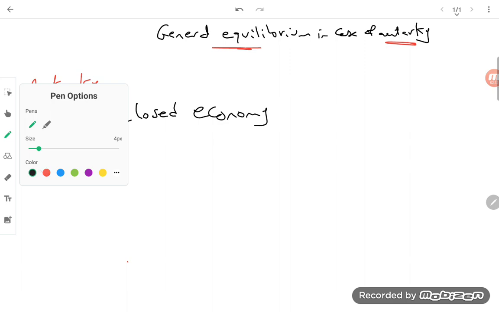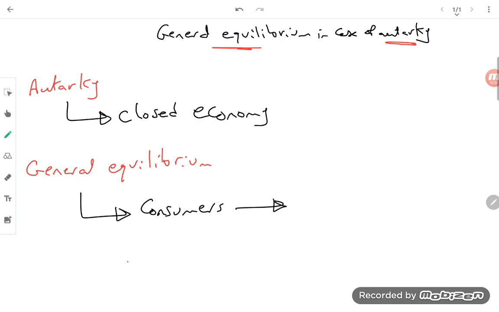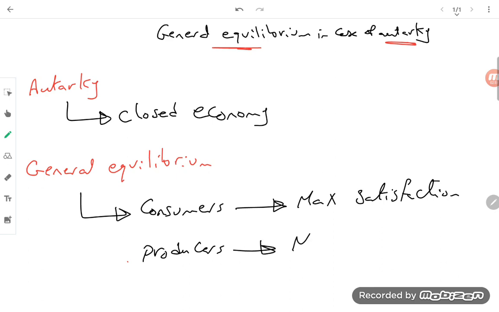Number two, we are going to talk about what's meant by general equilibrium. General equilibrium means that you would like to achieve equilibrium for all consumers and producers as well. Consumers have one main objective, which is maximum satisfaction, and producers have one main objective, which is maximum profit.